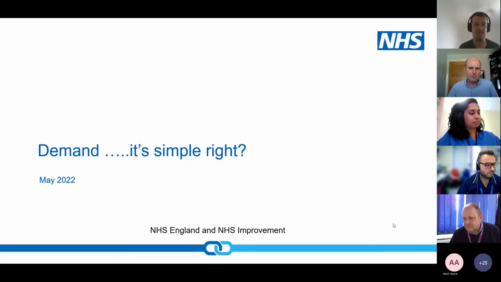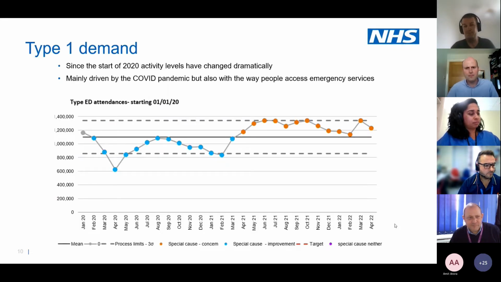So if we go on to the next slide, please. I just want to put a bit of context. You'll all have seen a graph very similar to this, looking at total type 1 ED attendances over the past couple of years. As a sad fact, I'm running a pub quiz tomorrow night, and I'm using some NHS data around whether people know how many annual attendances there are within the NHS.